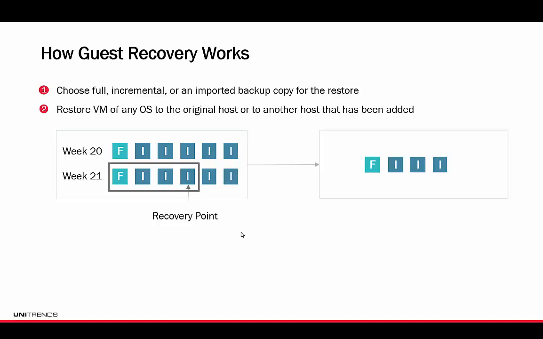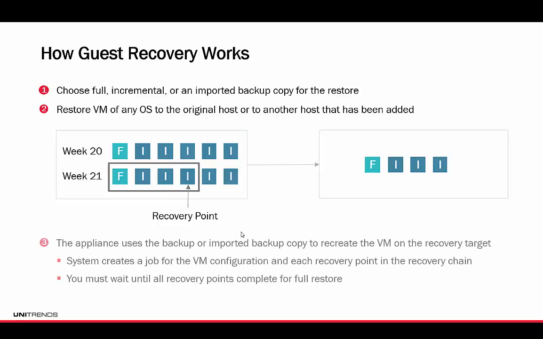It's going to have to do the full and each recovery point to get the machine up to date. Right? The system creates a job for each VM recovery point, plus the configuration too. You have to wait for all of these recovery points to finish before you go and power up that machine.